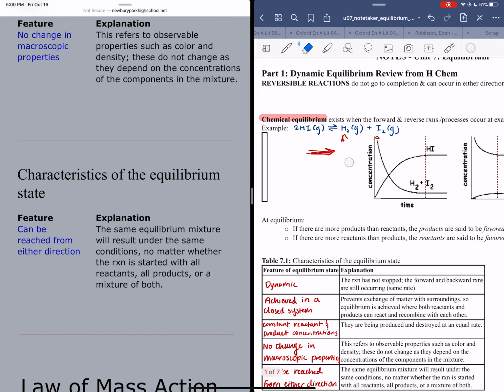The opposite can be said for the previous graph, because equilibrium is being approached as H2 and I2 decrease and as HI increases. So in effect, we're approaching equilibrium this way.